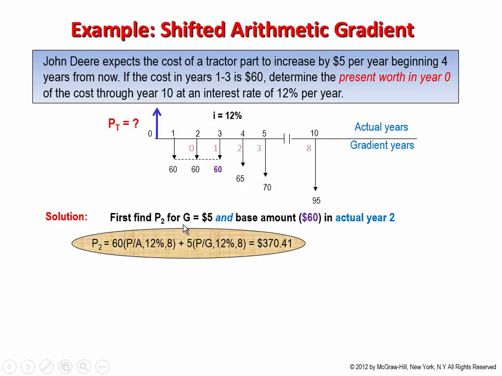And so P/G for 12% interest in 8 years, we're saying we've got 8 times from year 2 to year 10, n equals 8. So that's why we're using this n equals 8, 12% interest, and we're trying to find the present value of the gradient. Now, the amount of the gradient is 5. So that's going to take all of the value of the gradient to year 2.